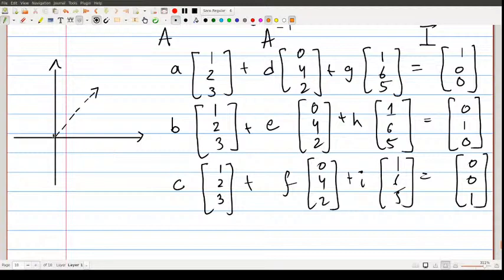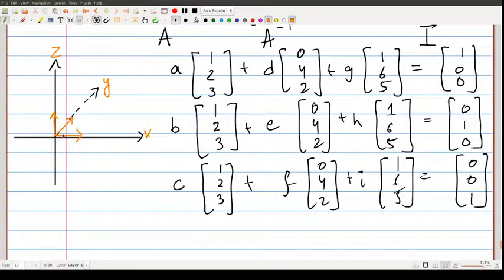One vector is in this direction, 1, 0, 0. That's my first vector. This is X, this is Y, this is Z. And I'm looking for 3 different linear combinations that give me these 3 vectors.